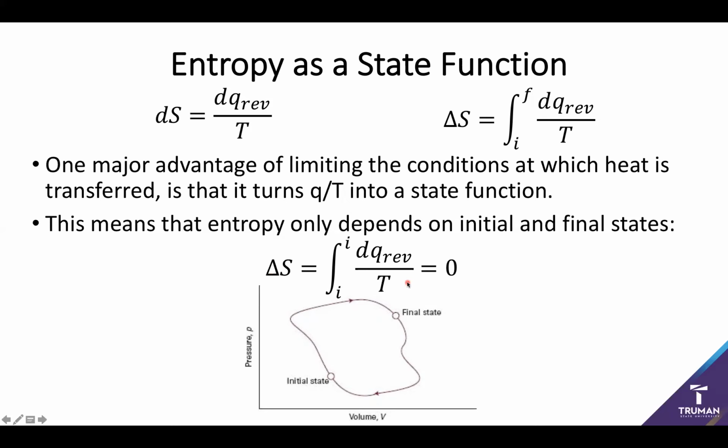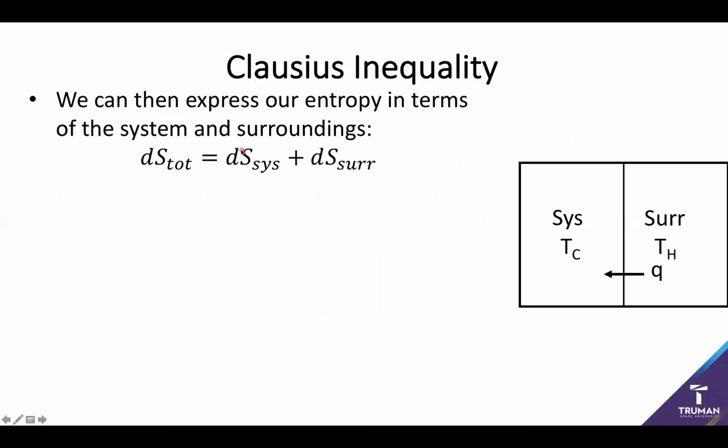Now, with this essentially state function description and our definition of entropy as dependent on the minimum heat and temperature, what we can do is start building up a better description of our total entropy.